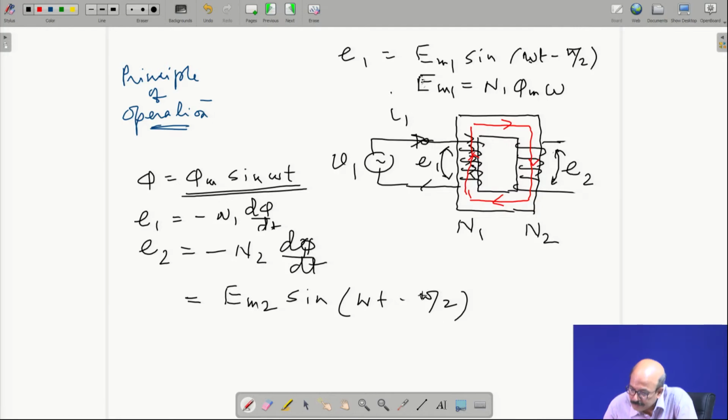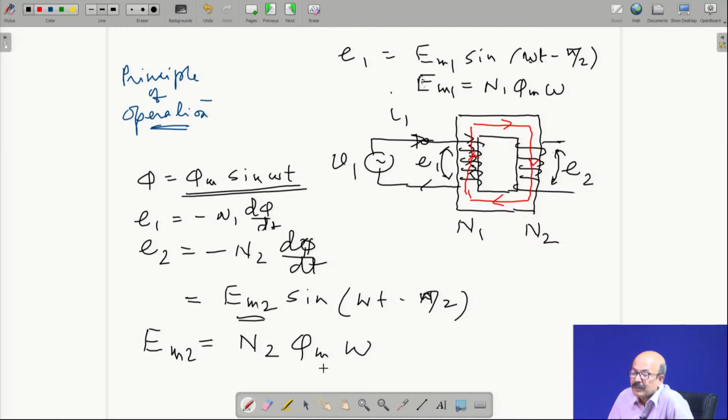The phase angle relations remain the same for E1 and E2, only EM2 is different. EM2 is N2 phi m omega. Only the change is N1 and N2.